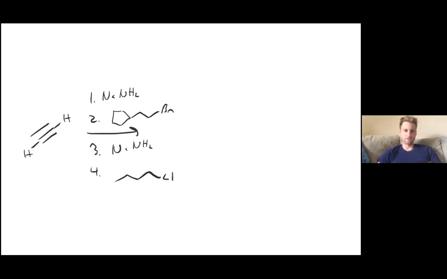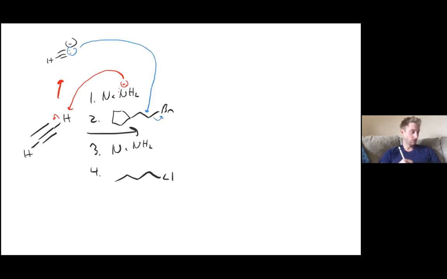All right, so let's take a look at this one. For this reaction here, we are going to pull off a proton and do an SN2 at this position here.